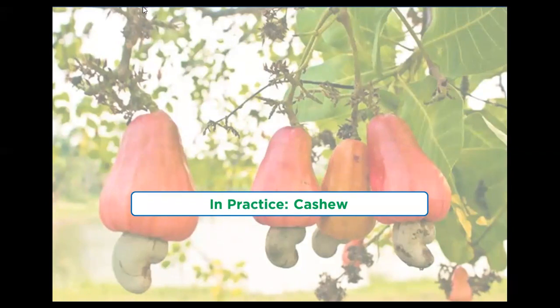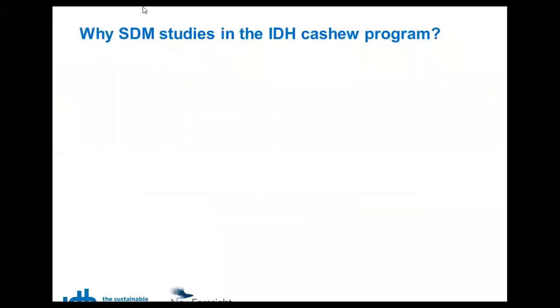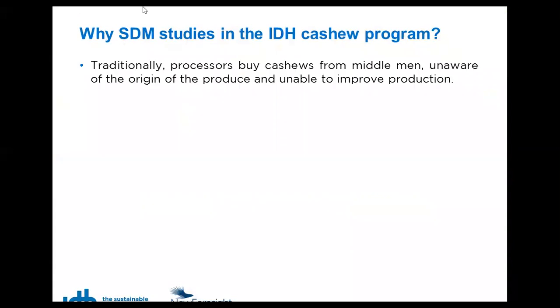So I'd like to talk you through why and how we use the SDM analysis in the Cashew program of IDH. I'd like to start with why we use those SDM studies in the first place. To give you a bit of context, traditionally processors buy cashews from middlemen, unaware of the origin of the produce and unable to improve production.